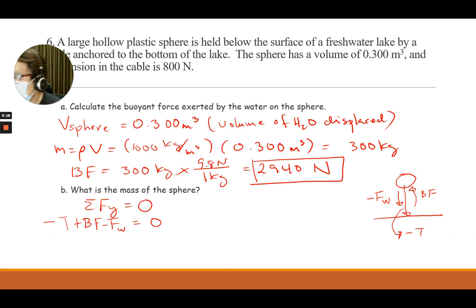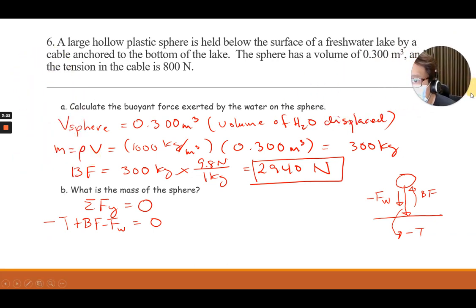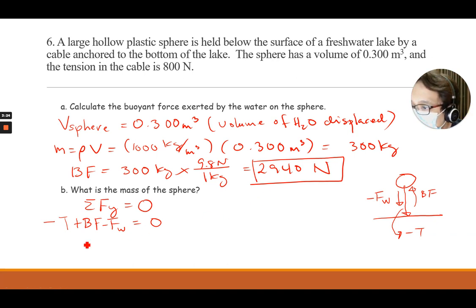You are given that the tension in the cable is 800 newtons. So negative 800 newtons plus the buoyant force we computed a while back, 2,940 newtons, minus Fw is equal to 0. We expect this answer to be negative, our Fw.